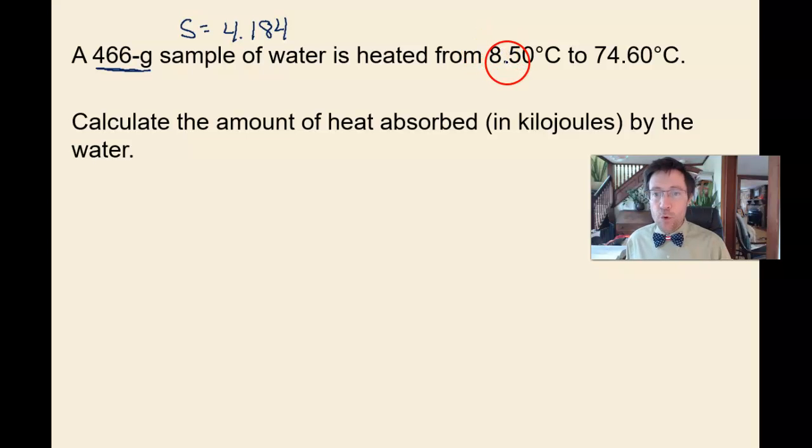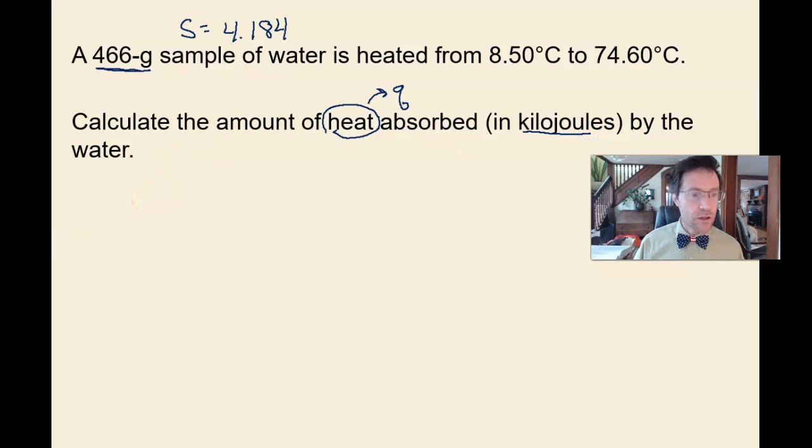It's heated from 8.50 to 74.60 degrees Celsius. Calculate the amount of heat absorbed. Heat. This is Q, my dudes and dudettes. Calculate the amount of heat absorbed in kilojoules by the water.